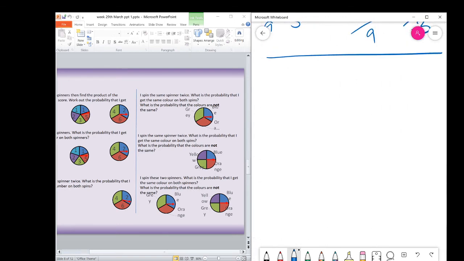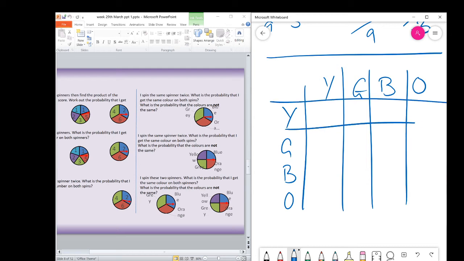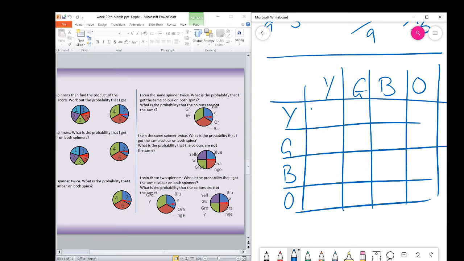Right. Spin the same, so we've got yellow, grey, blue, orange. So yellow, grey, blue, orange, yellow, grey, blue, orange. Okay, so we got yellow, yellow, yellow, green, yellow, blue, yellow, orange, green, yellow, green, green, green, blue, green, orange.